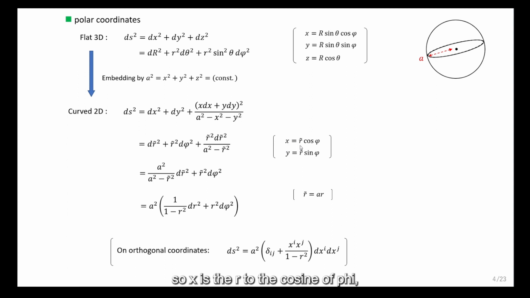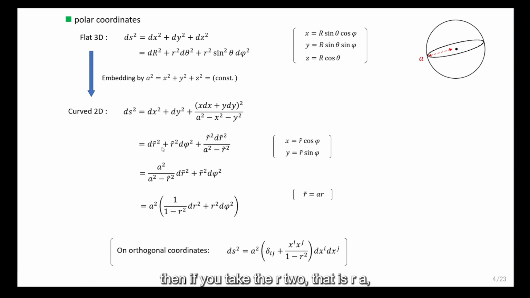So x is r tilde cosine phi, and y is r tilde sine phi. You input these here, and then you can get this form.